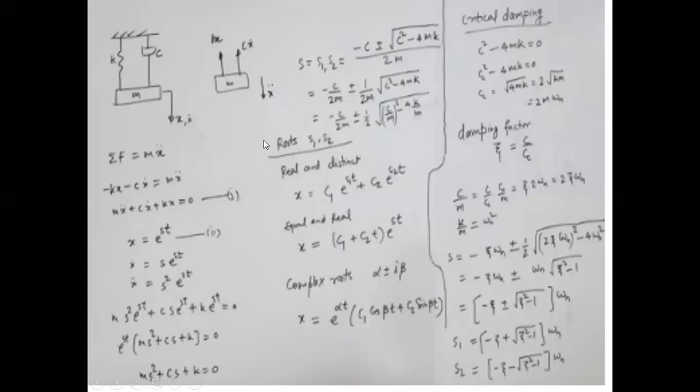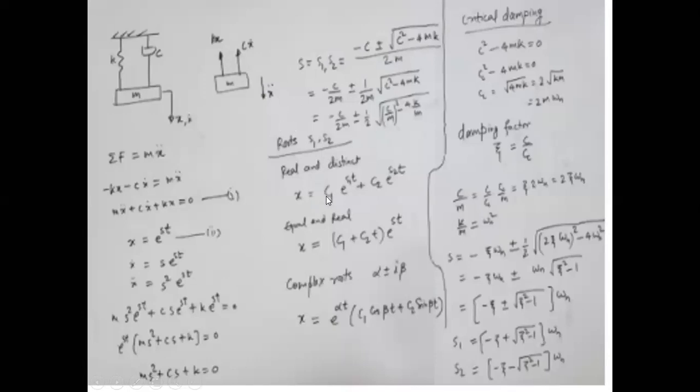So accordingly, if substituted, you will get S1 equal to minus c plus under root c square minus 4mk divided by 2m, and S2 as minus c minus under root c square minus 4mk divided by 2m. Now it is simplified by dividing 2m separately into c and into this root also. That is how S1, S2 can be written.